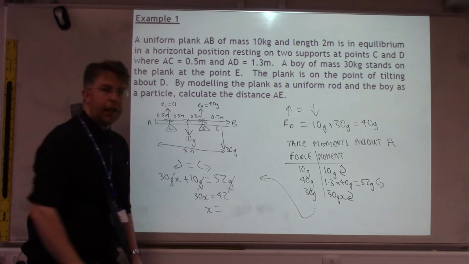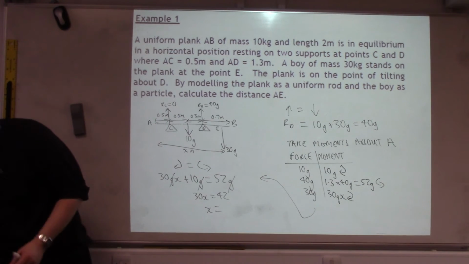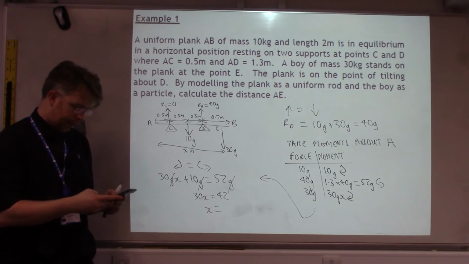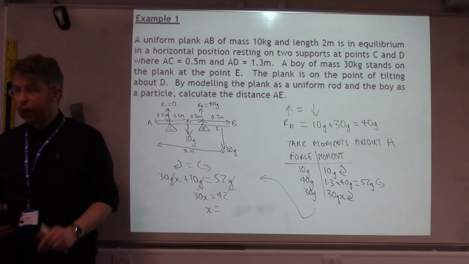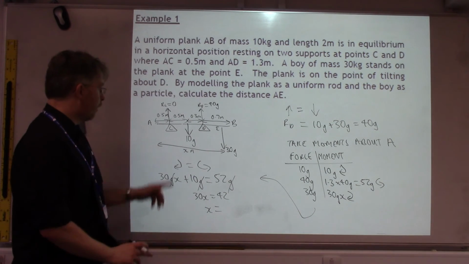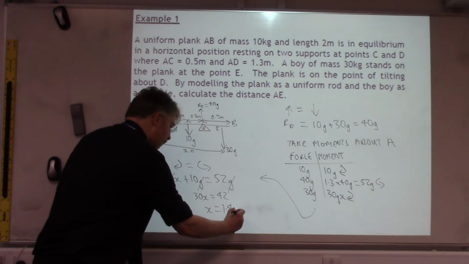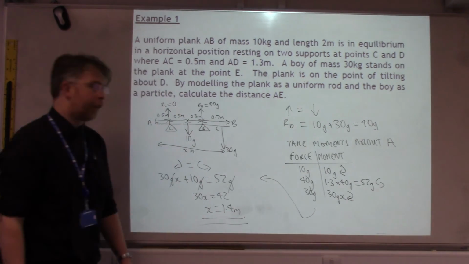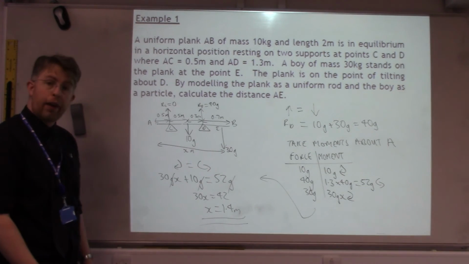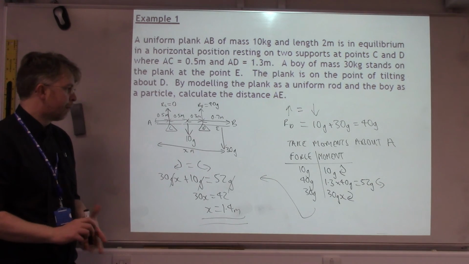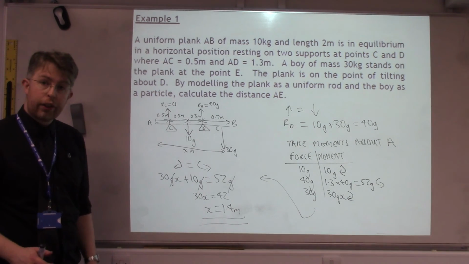Divide by the 30, we get our distance, which is 1.4 metres, which as I suggested is past there. If we'd drawn it in the wrong place, it wouldn't have made any difference to the calculations there. And that concludes this section.